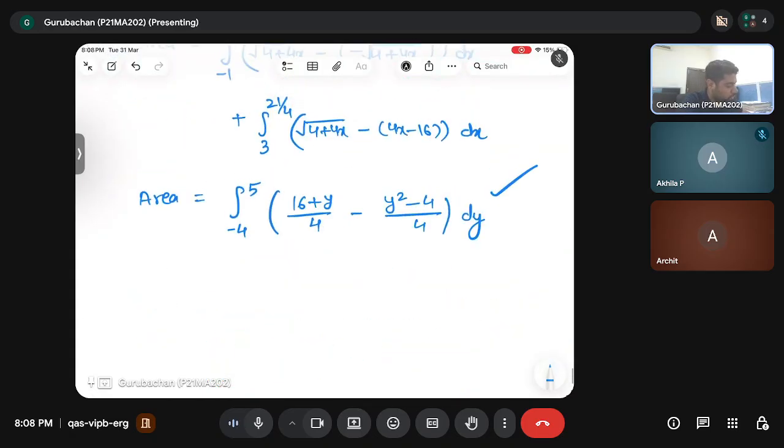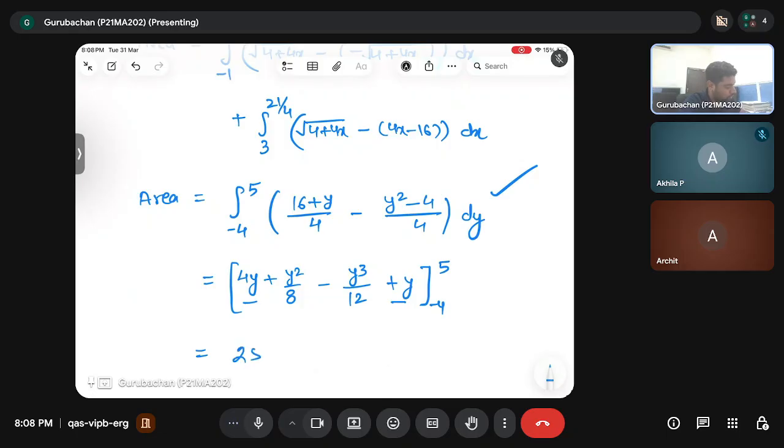So what is the value of this? This will be 4y, y square by 8 minus y cube by 12, and this will be plus y, from minus 4 to 5, and you will solve it. So this will be 4y plus 5y.